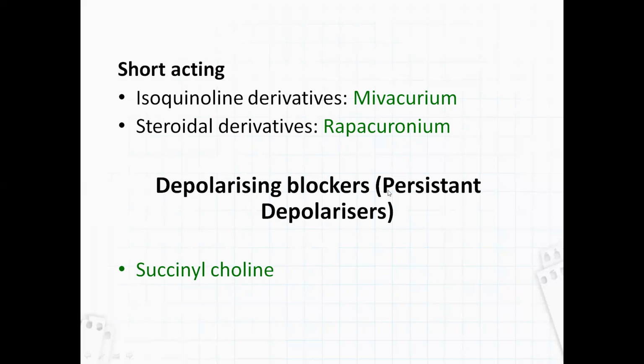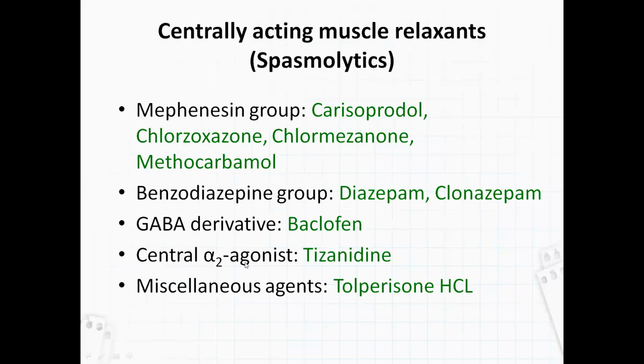Coming to depolarizing blockers, also called persistent depolarizers, only one drug is in use. It is succinylcholine. Now coming to centrally acting muscle relaxants, also called spasmolytics: the mephenesin group, carisoprodol, chlorzoxazone, chlormezanone, and methocarbamol. Benzodiazepine group: diazepam, clonazepam.